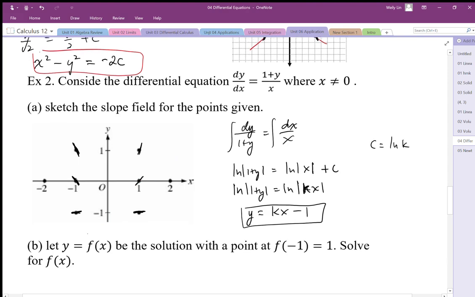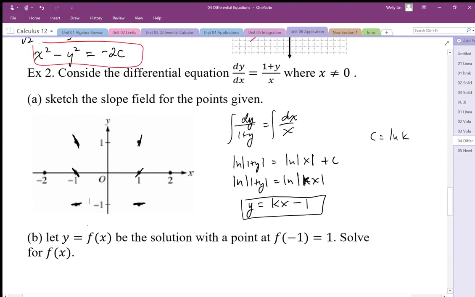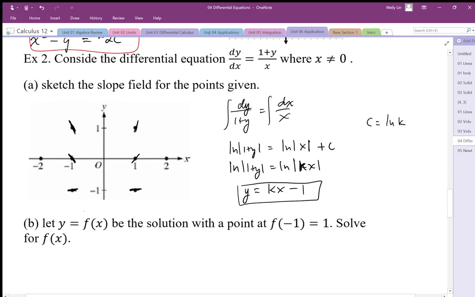This one here is actually asking us to find the particular solution. So let's do that. So f of negative 1 is equal to 1. We're going to do it through that point. It looks like it's going to have a slope of 2.